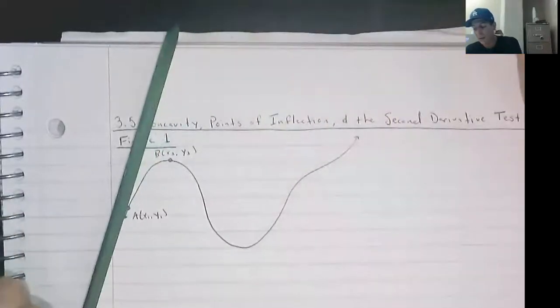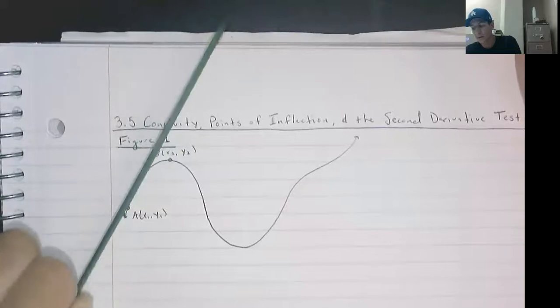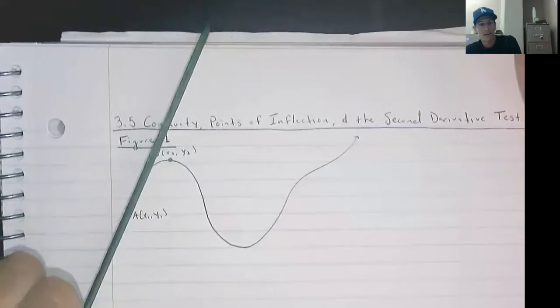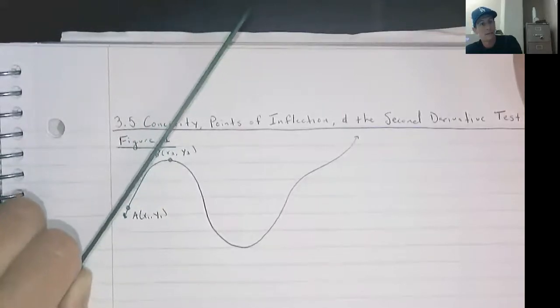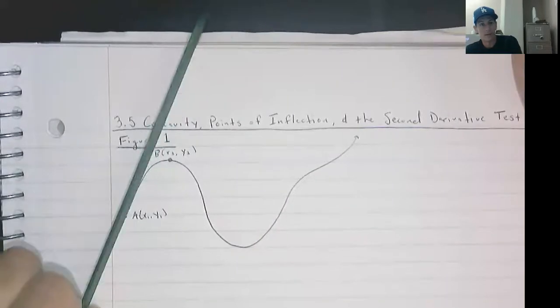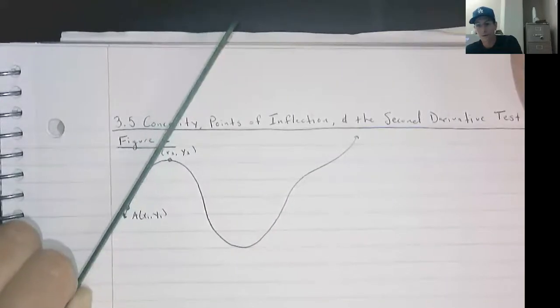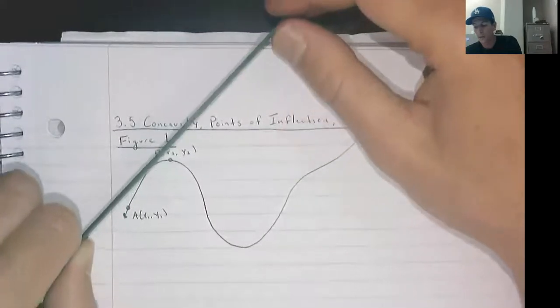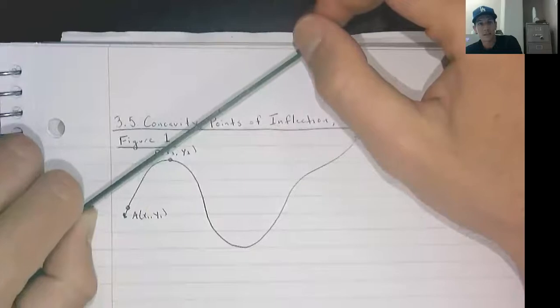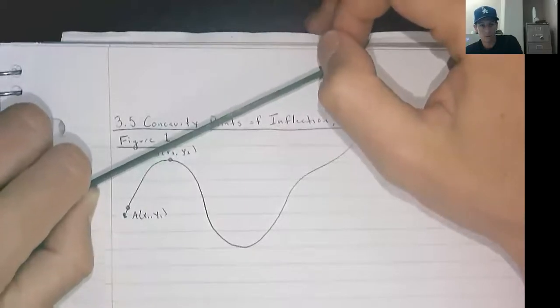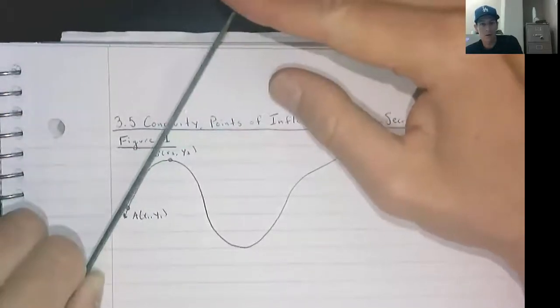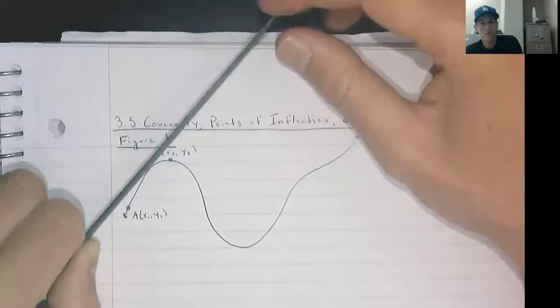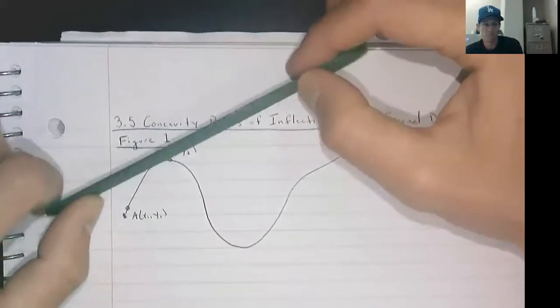So we would expect that from here to here, our second derivative is negative, okay? The way that our first derivative is changing as we move from A towards B is that it is getting smaller. It is decreasing. We're going from positive numbers to smaller positive numbers, okay?